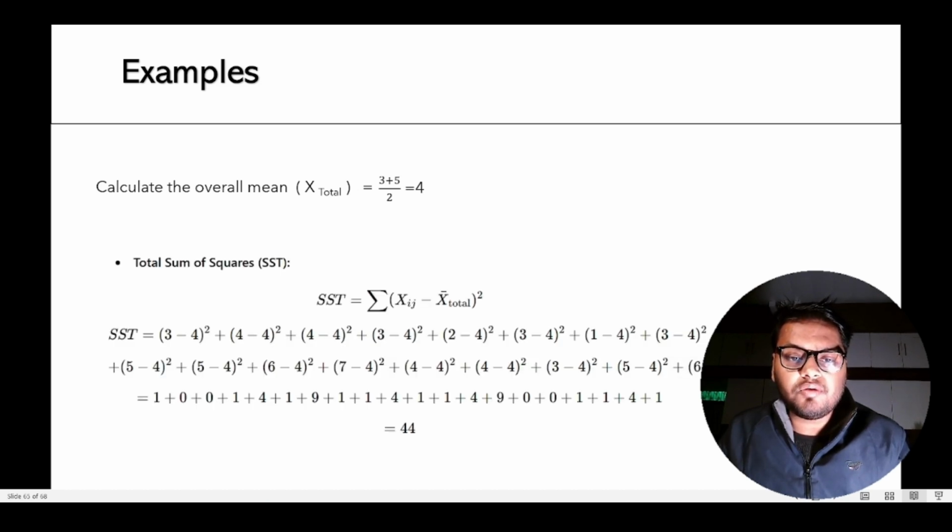The formula is summation of (xij minus x total) whole squared. Now we put all the corresponding values into that, for example 3 minus 4, then 4 minus 4 and so on, and we get our result as 44. So this is our total sum of squares.